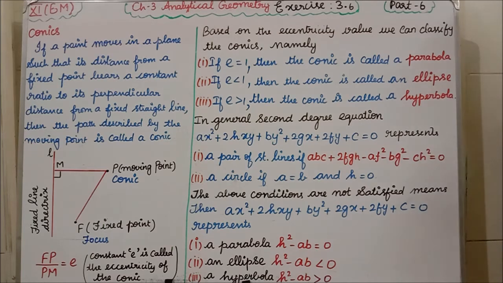Clear? But in your 11th standard business maths, you are going to learn only about the parabola. Just for your information, they have given you ellipse and hyperbola, but we are not going to learn deeply about these two. We are only going to learn about the parabola. Clear, students?